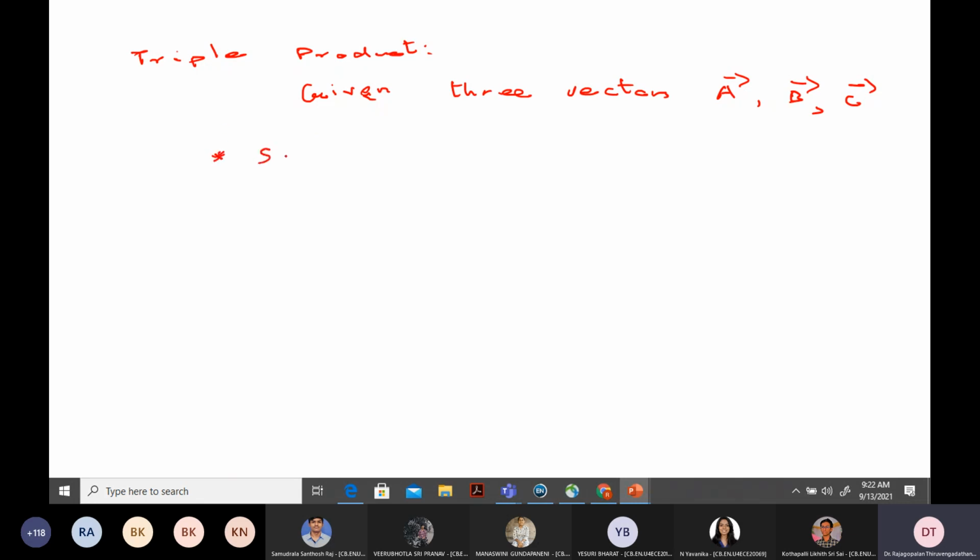One is the scalar triple product, and it is defined as A dot B cross C.